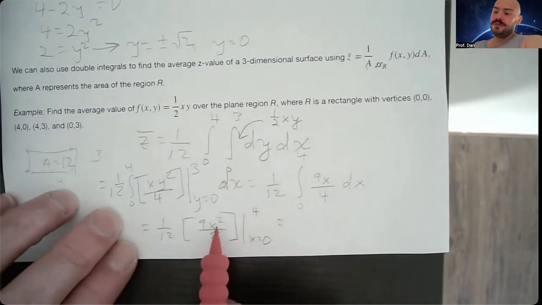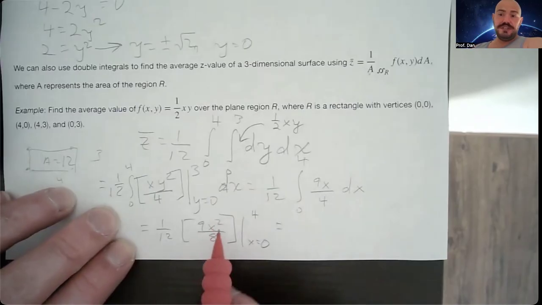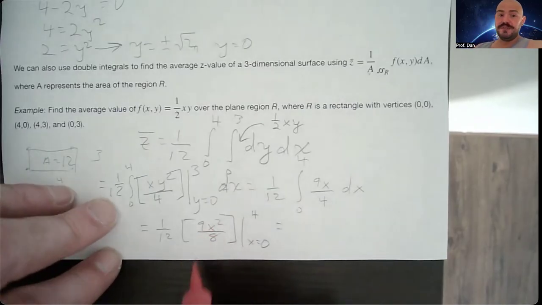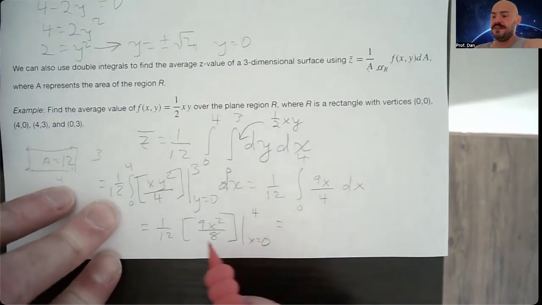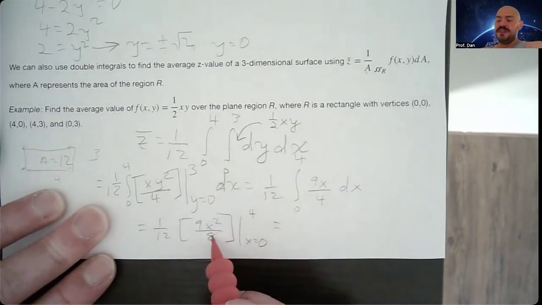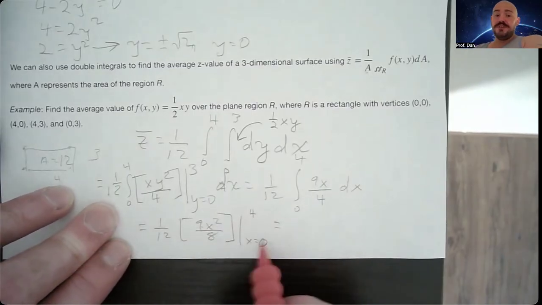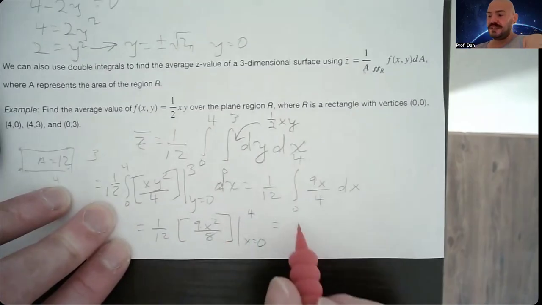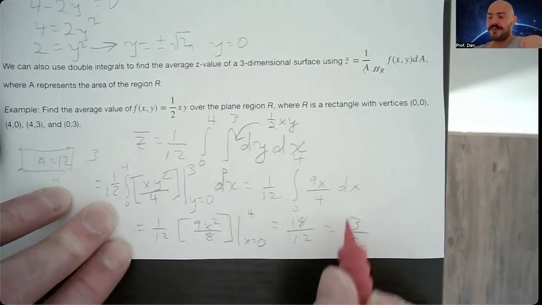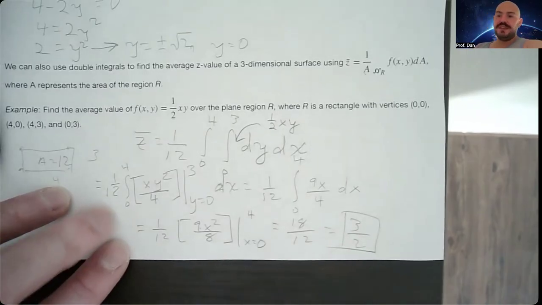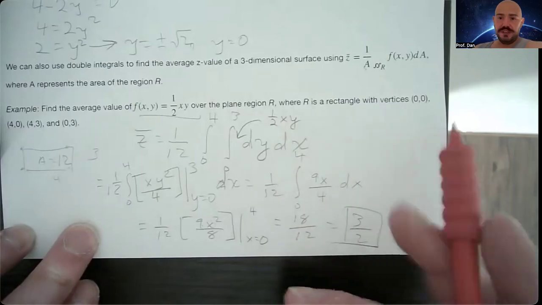Number sense trick here: 4 squared is 16, and 16 divided by 8 is 2, so I don't need to go through the trouble of times 9 divided by 8. 16 divided by 8 is 2, times 9 is 18. If I plug 0 in, I'd get 0. So I get 18 over 12, which reduces to 3 halves. And that is the average value of f of xy over the rectangular region R.